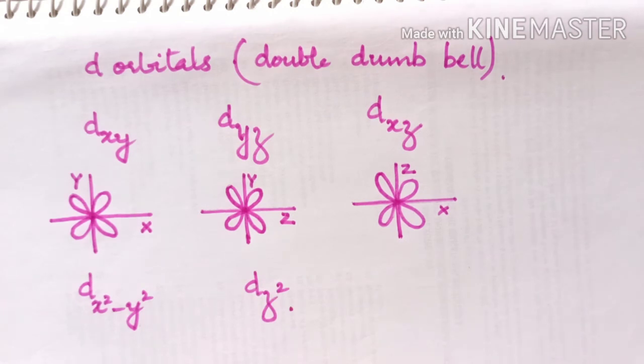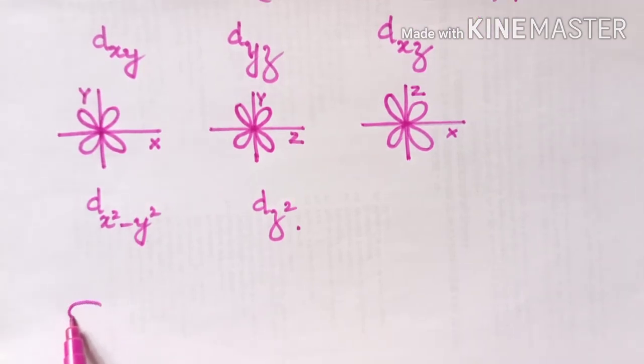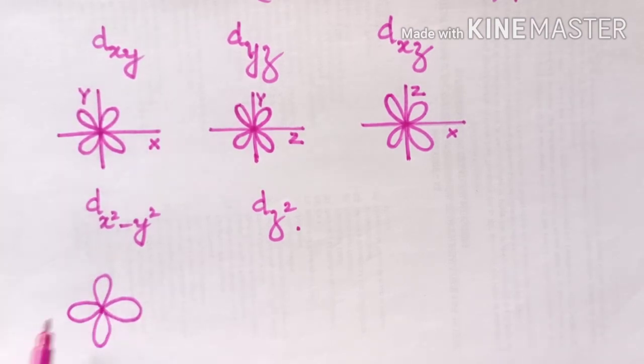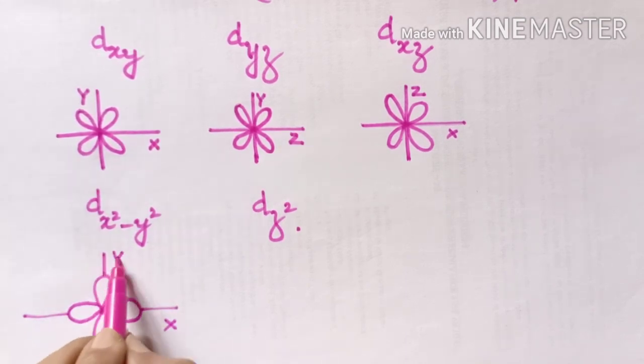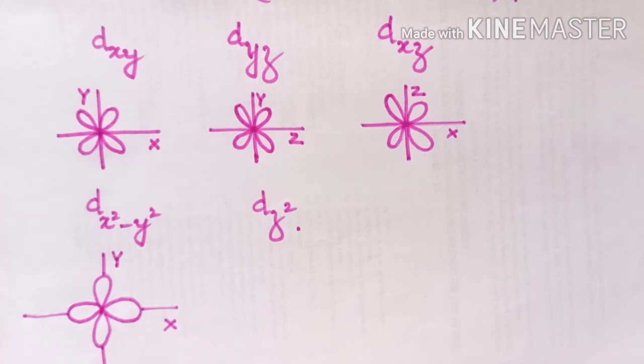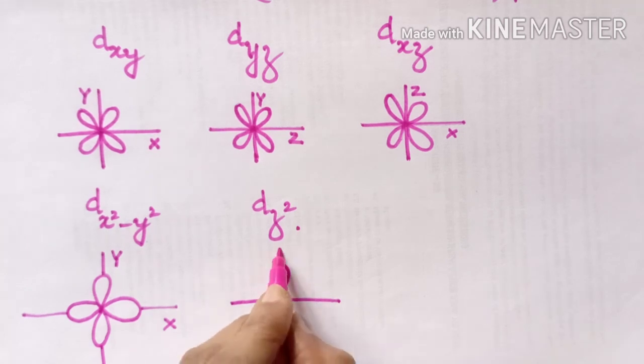Coming to dx square minus y square. Dx square minus y square is peculiar in the sense that the lobes will be arranged along the axes. So we have the x-axis and y-axis. When the lobes are on the axes of x and y, we have dx square minus y square. Coming to dz square, it is also a double dumbbell shape. Here you find that one of the lobes will be arranged like this.